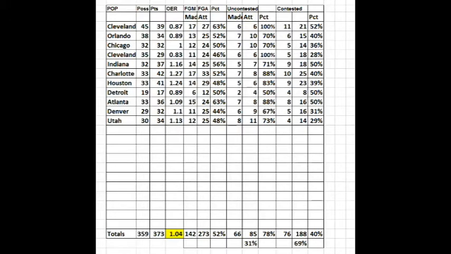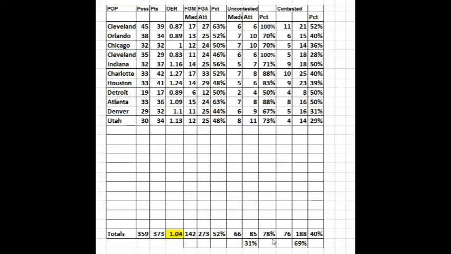Down at the bottom is the totals of that. And you can see, because this is consistent with the other study, it's actually done at the same time, that these teams, when they got positive possessions, were getting about 31% of their shots uncontested. And so 69% were contested. But look at the field goal percentage here on uncontested versus contested.